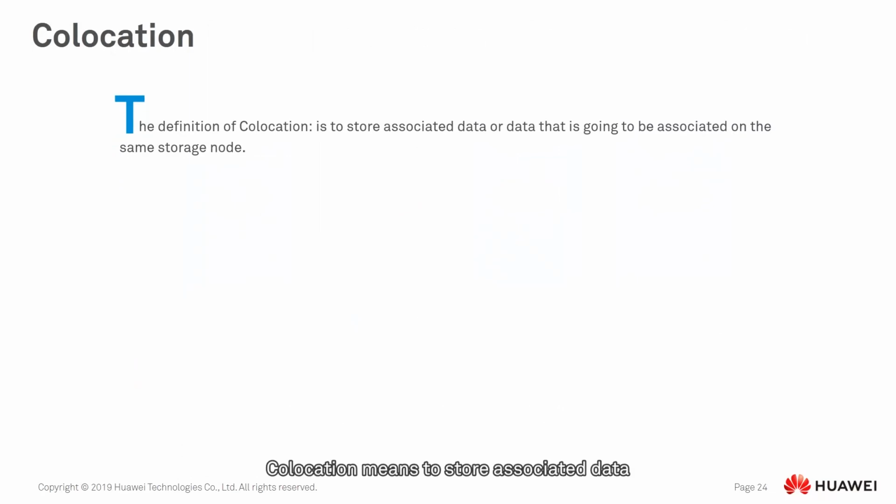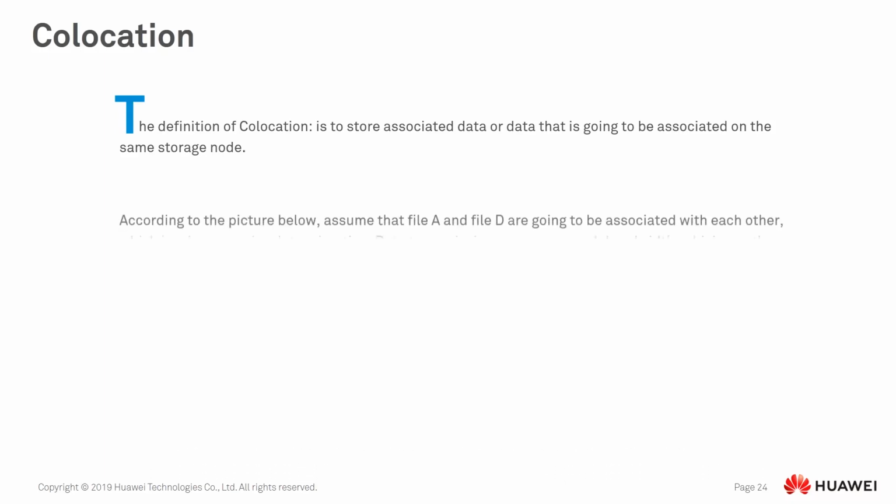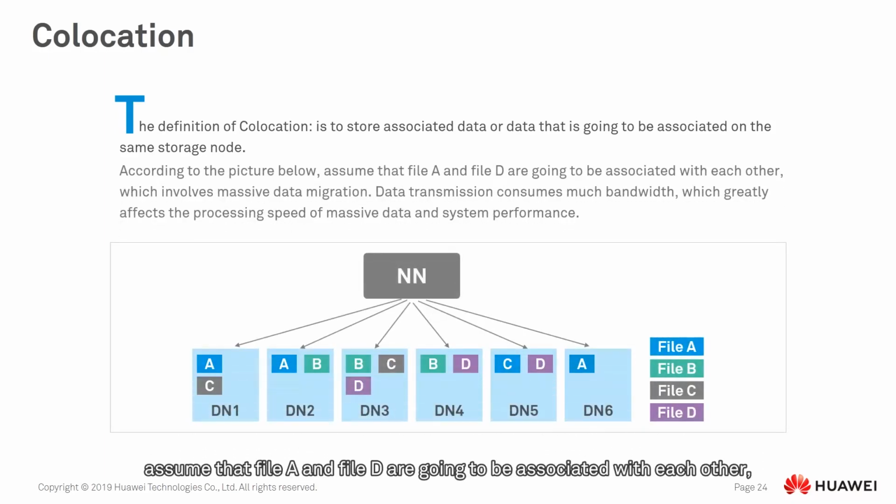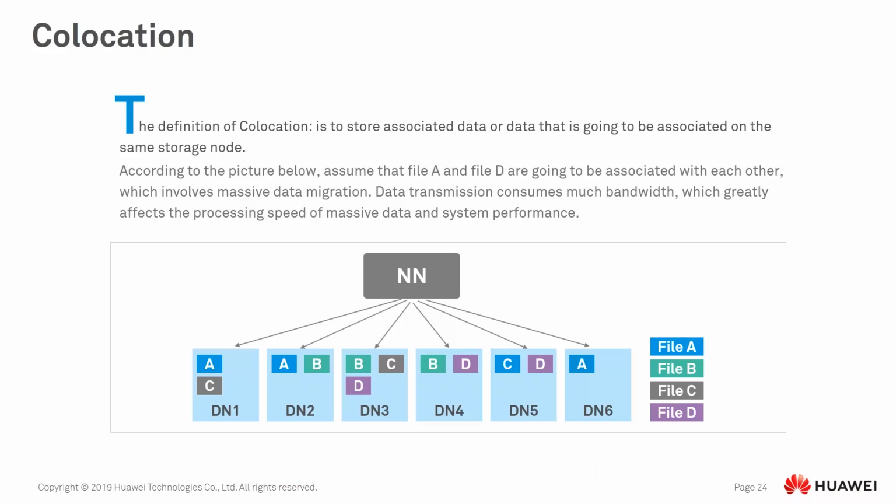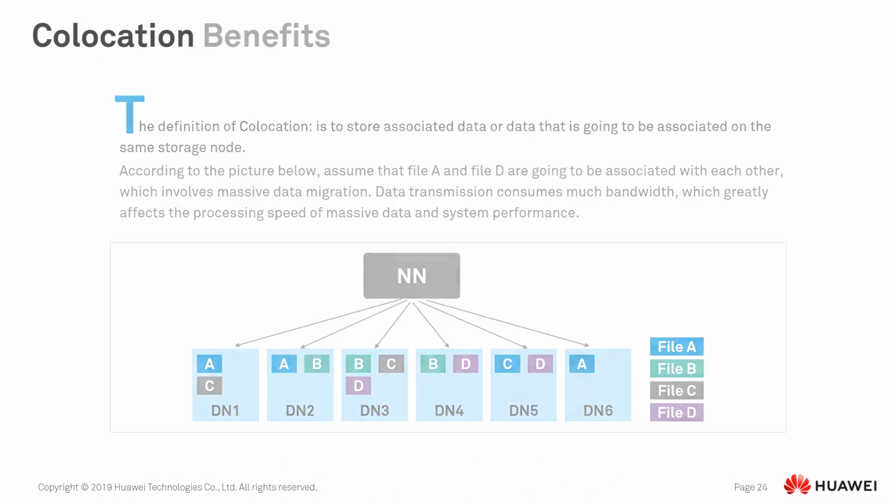Co-location means to store associated data, or data that is going to be associated, on the same storage node. For example, assume that file A and file D are going to be associated with each other, which involves massive network switching, costing a lot of network and I/O resources.